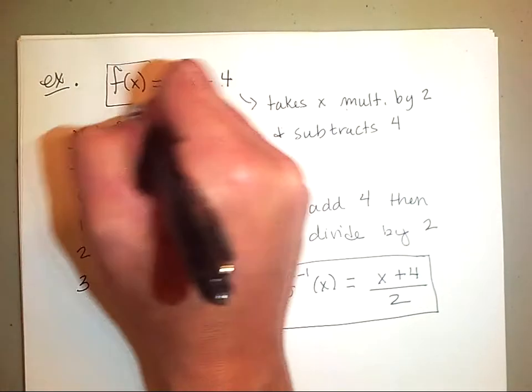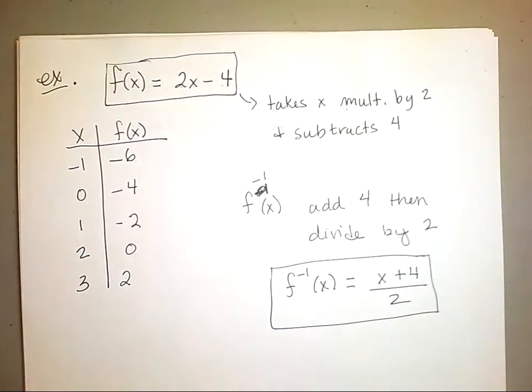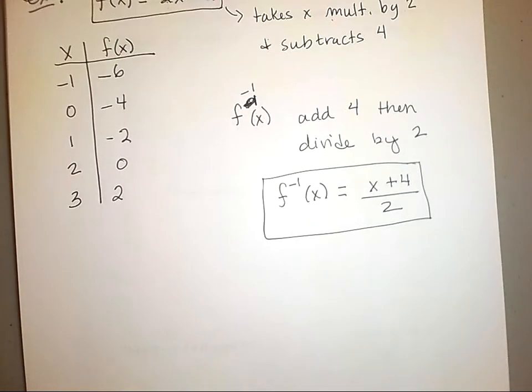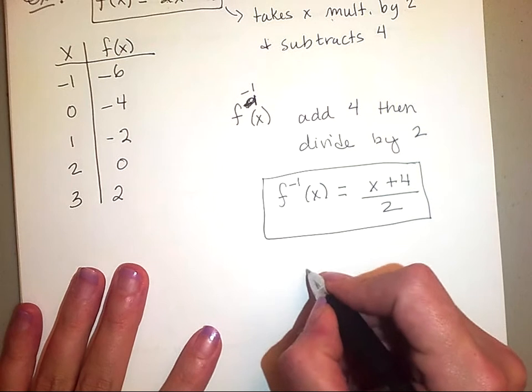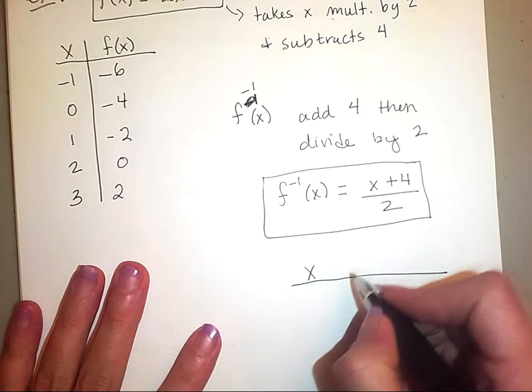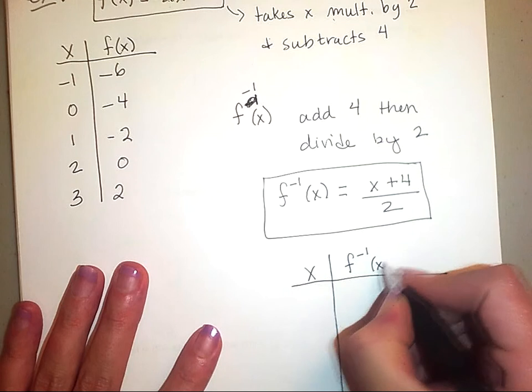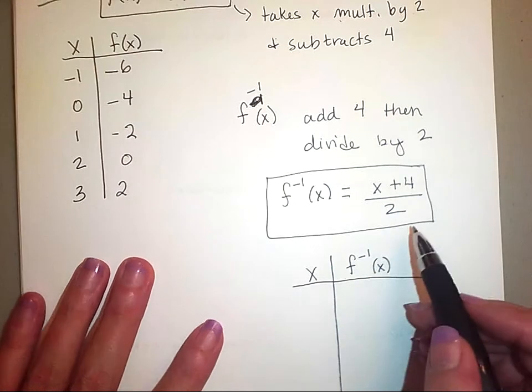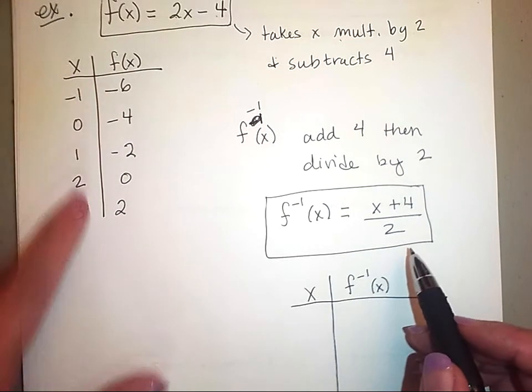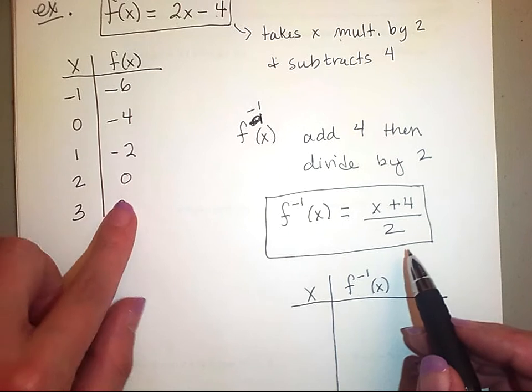If this is f, then this is f inverse. Now, let's do a table of values for f inverse. If we are correct, these were the domains, and this is what it maps to.